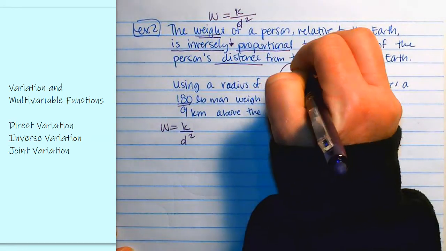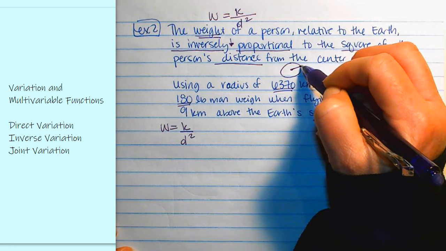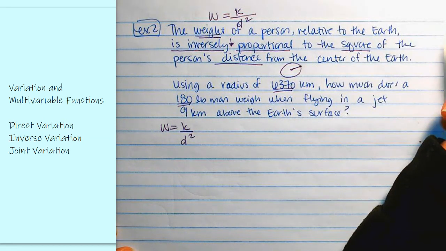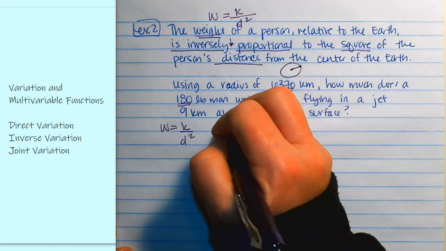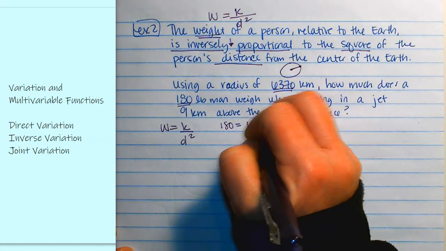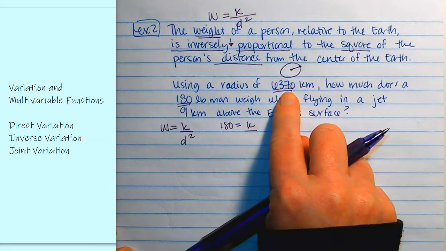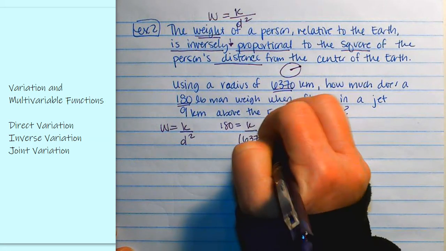If this is the distance of the radius, this is the man standing on Earth right now. Hopefully that makes sense to you. So I'm going to plug those things in. I'm going to say that the 180 pounds is his weight. It's equal to K over the distance from the center, 6370 squared.